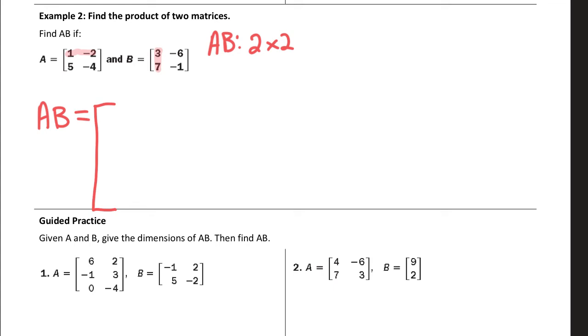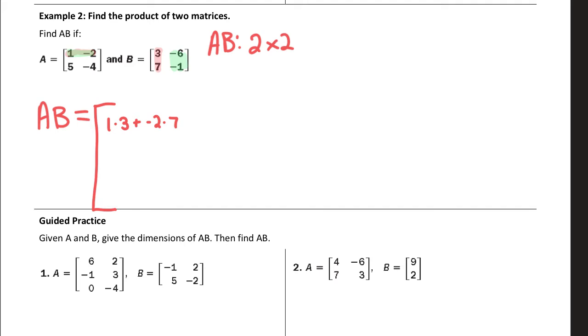So this is going to be 1 times 3 plus negative 2 times 7. So the first row times the first column, all right? So that takes care of the top left element of this matrix. Next, to get this other top element, I would take the first row and multiply it by the second column.